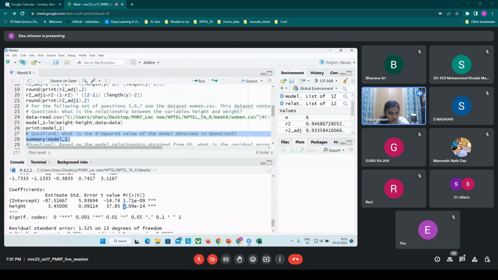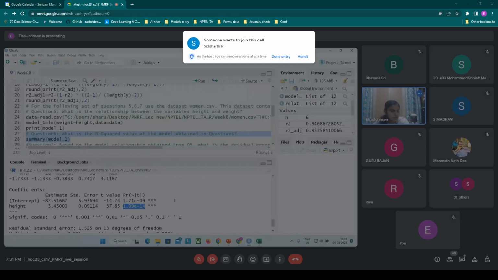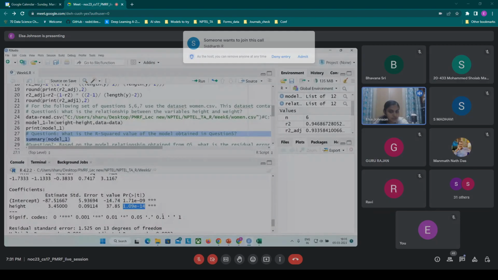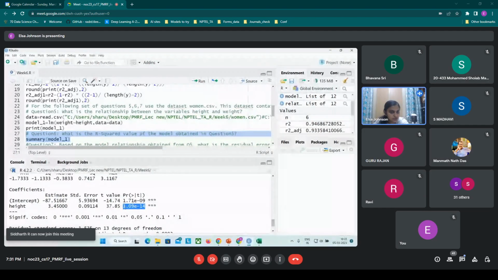But here you can see that the p value is very low, like 0.0000, going to the power of minus 40. So that value which we have calculated, that hypothesis is not significant in the fit of that model.